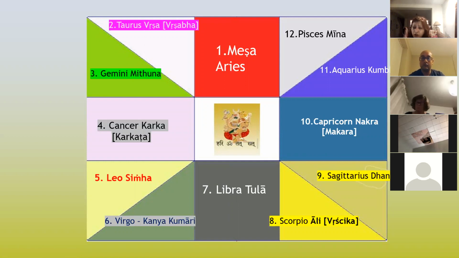Next to that, the fixed signs will always be towards the edge, right next to the movable signs. And then the third one will always be the dual signs, the Dvishwa Bhava signs. So that is the layout, and as I said, it will get very intuitive as we go along.